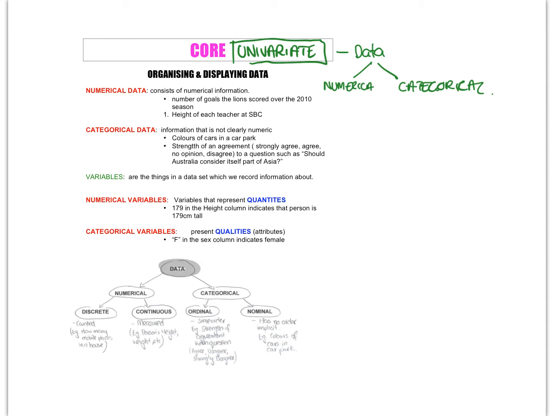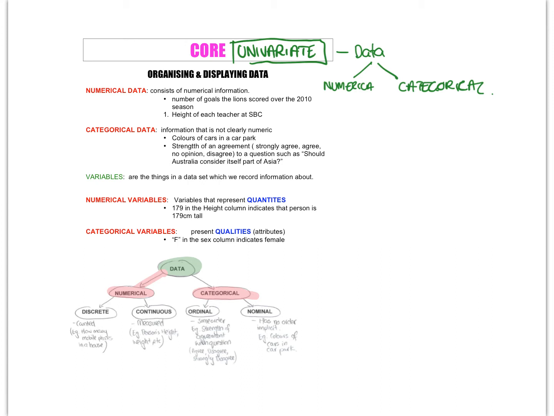We have data, and then it breaks off into these two branches where it can be either numerical or categorical. Numerical data consists of numerical information, so you've actually collected a piece of information that's a number. Say, when I said your heights, that would be numerical data. And if I counted how many goals you scored on the weekend, that would be numerical data.